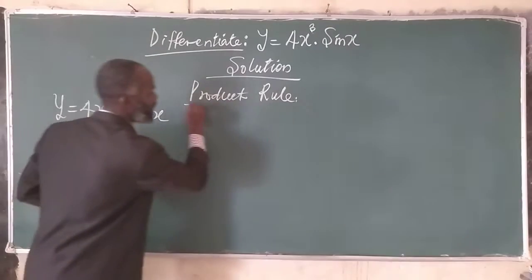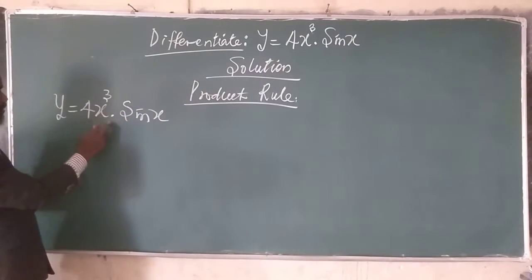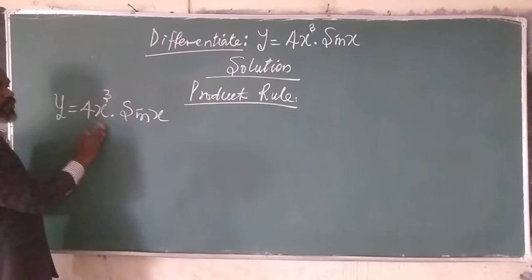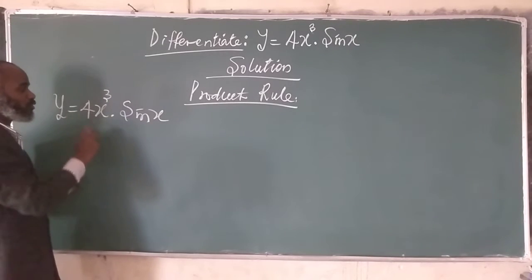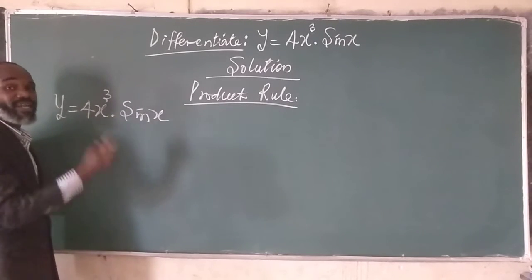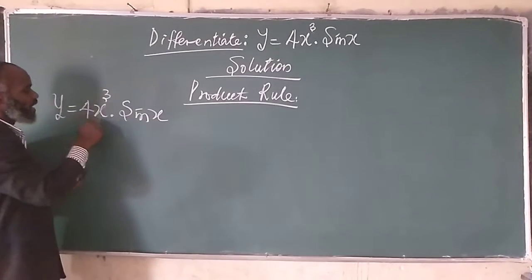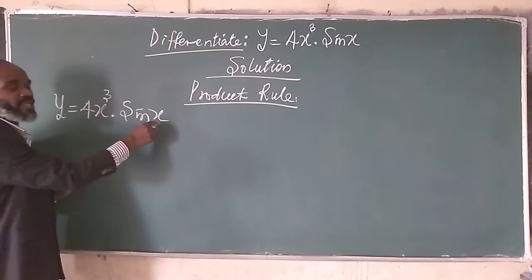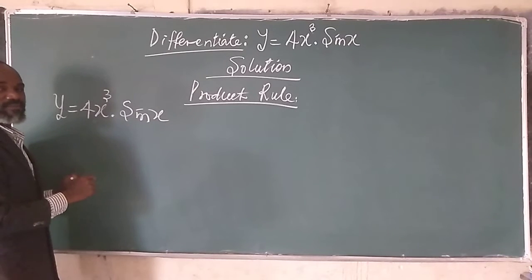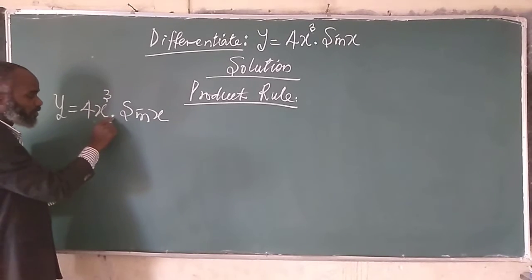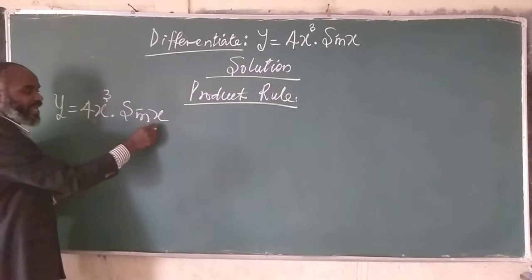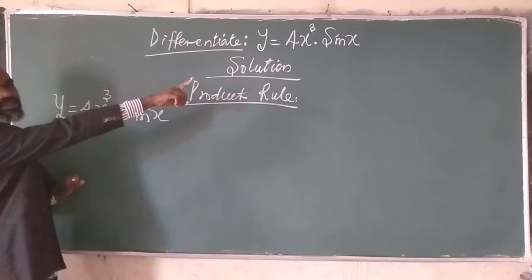What this simply means is that we are going to apply the product rule. That's the meaning of dot. Dot means times, in other words, products. 4x cubed product sine x.